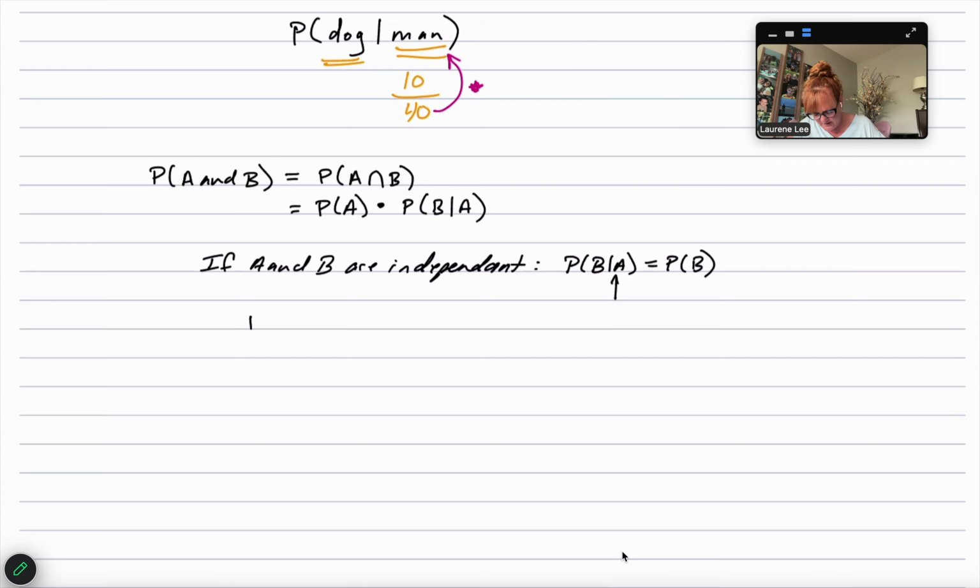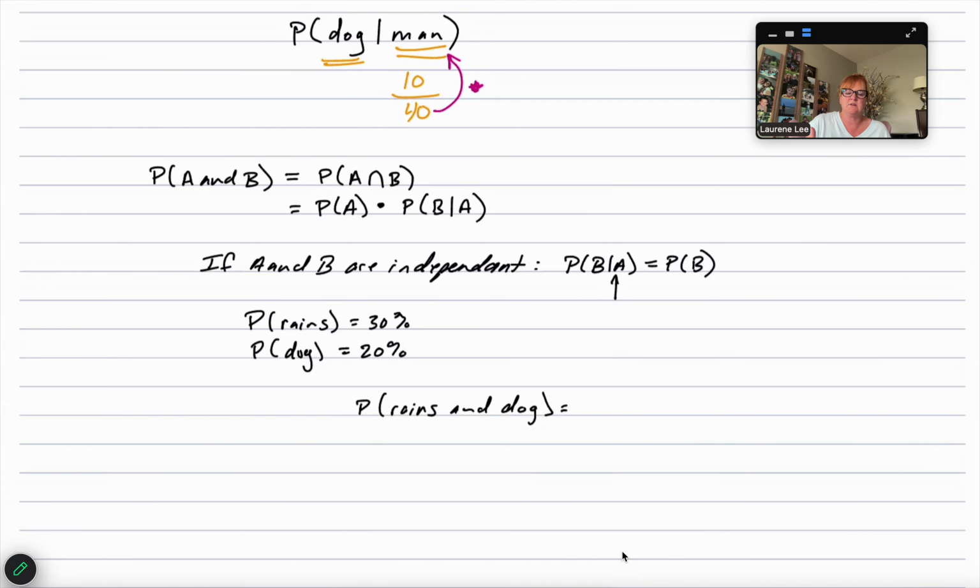If I have the probability that it rains is 30%, and the probability that I own a dog is 20%, what's the probability that on one day it rains and that I randomly select somebody that owns a dog?